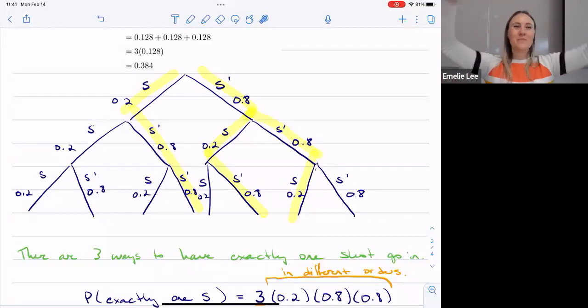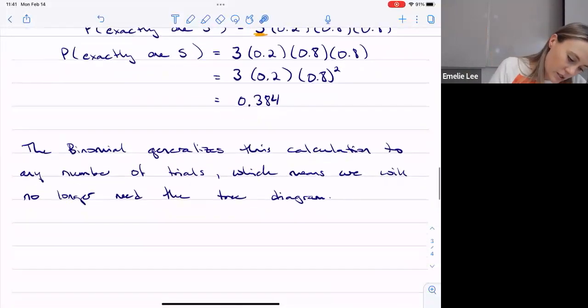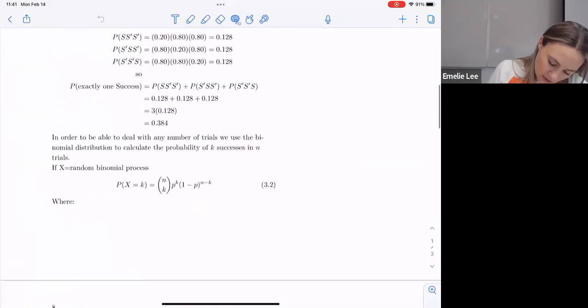Okay, so you've got 20 layers in your tree, and then you have to find all the branches with exactly 4 going in. Oh, it's a no for me. I don't want to do that, right? But the binomial distribution has made this into a function.